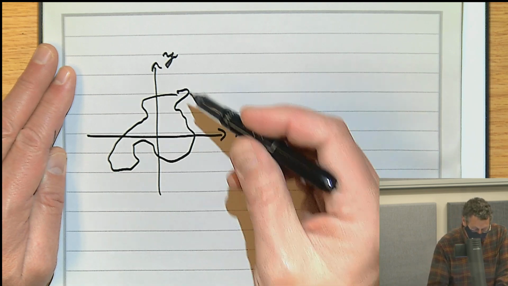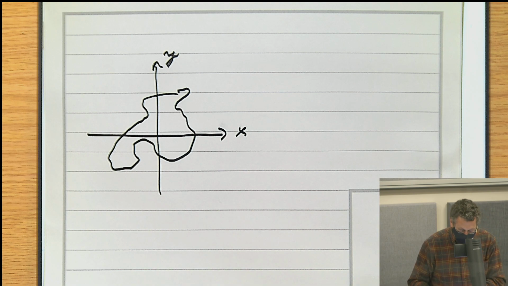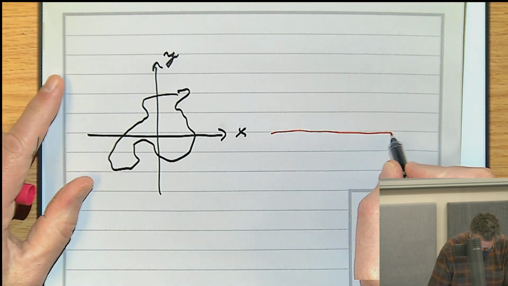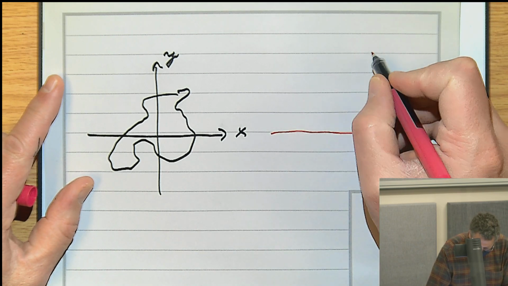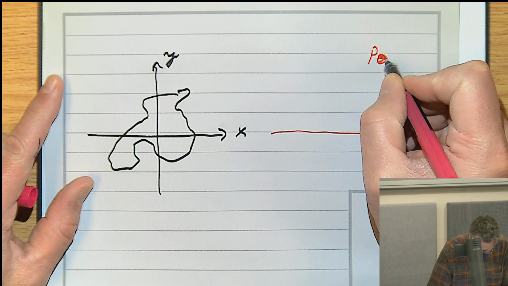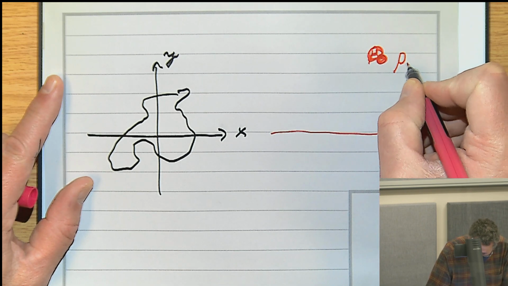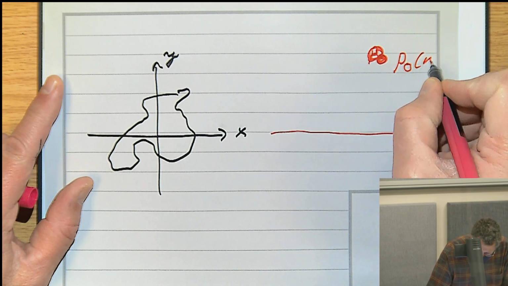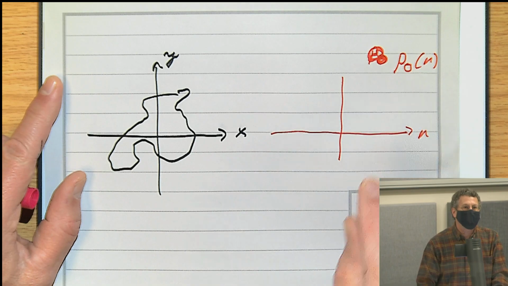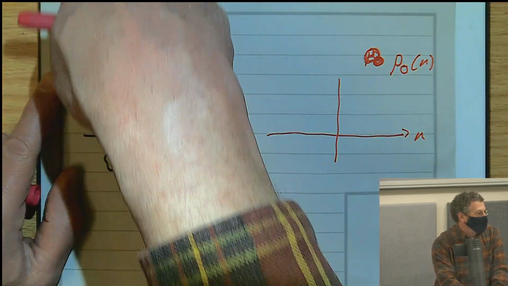Now, if you integrate, say, vertically, then you get a 1D function. So this is going to be P0, 0. I keep wanting to make a theta. My brain wants to make a theta there. 0, R. So this is the projection you get if you integrate down like this, right?